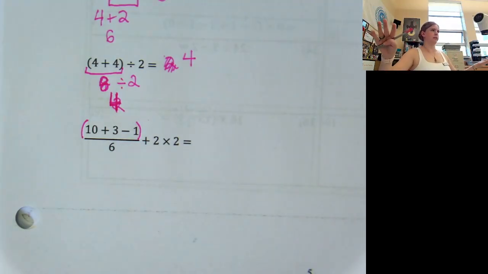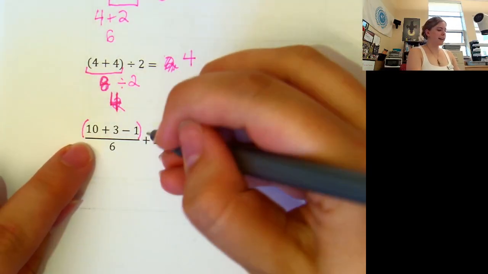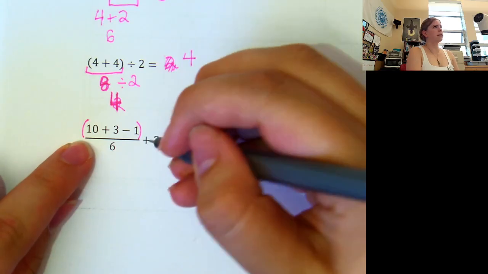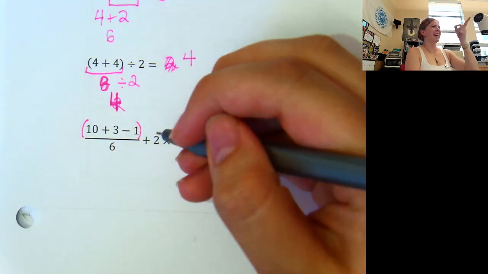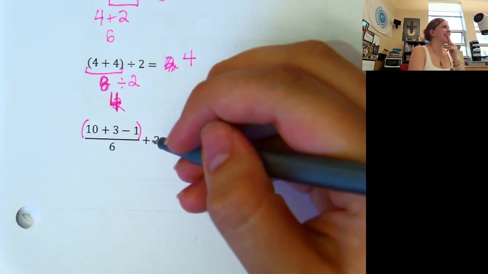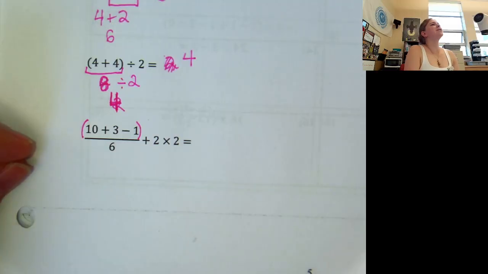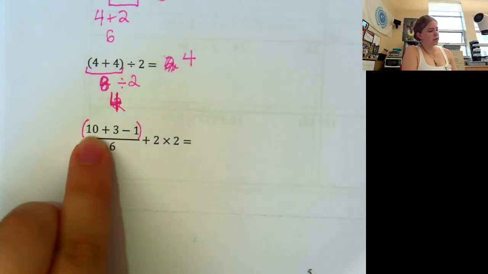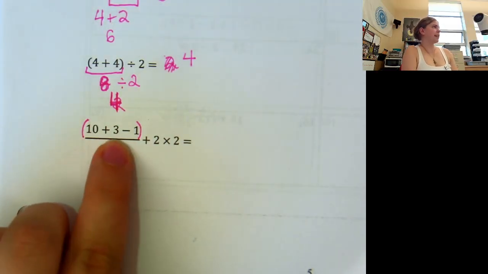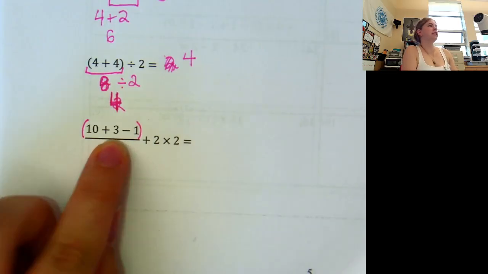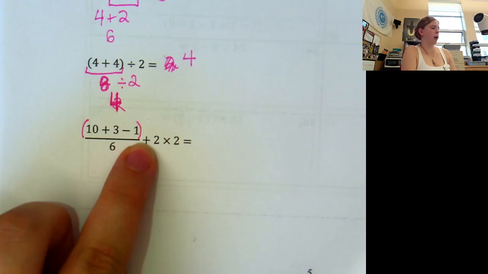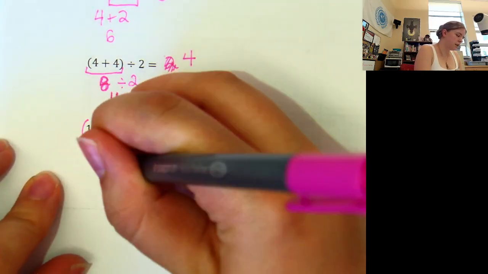This is important. So, in these brackets, how do we solve this? Can somebody tell me? I'm going to choose Mila this time. Left to right. Beautiful. Okay, so if we're doing this left to right, we do 10 plus 3, exactly, which is 13. Minus 1 is 12. Beautiful. We did 12 over 6.